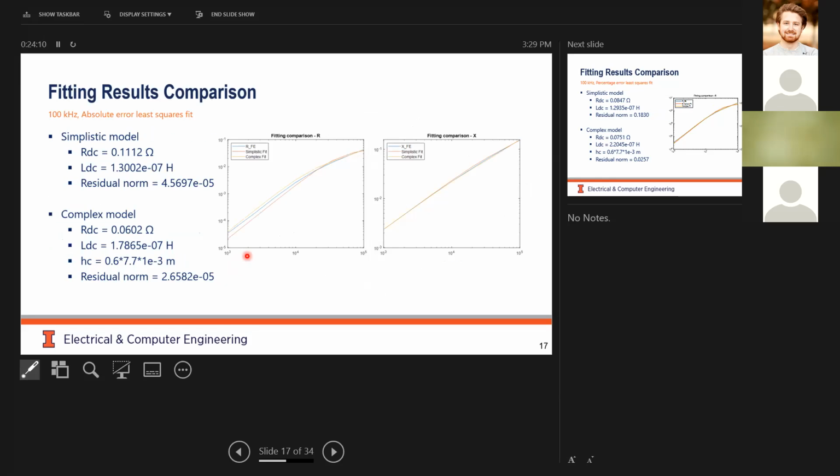So this graph shows the different fitting results. You can see if I use a simplistic model, the error is larger. And if I use the complex model, the error is slightly better. Okay, but the benefit is not very significant because I use absolute error least squares fit. So you can see that most of the error happens at the low frequency range.